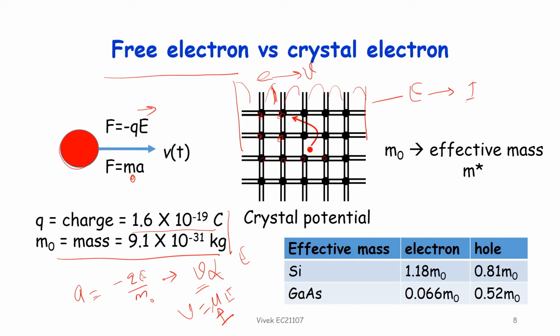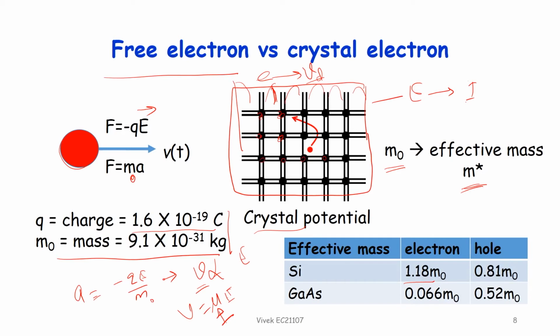So to account for this periodic potential in the crystal itself, through quantum mechanical ways that we will discuss in the next lecture, we have a concept of effective mass. So we have effective mass and we have drift velocity. For example, in a silicon crystal, the effective mass of an electron is 1.18 times m naught. So it is basically more. That means the electron in the silicon crystal is heavy, so when you apply a field, it will move slowly compared to a free electron.